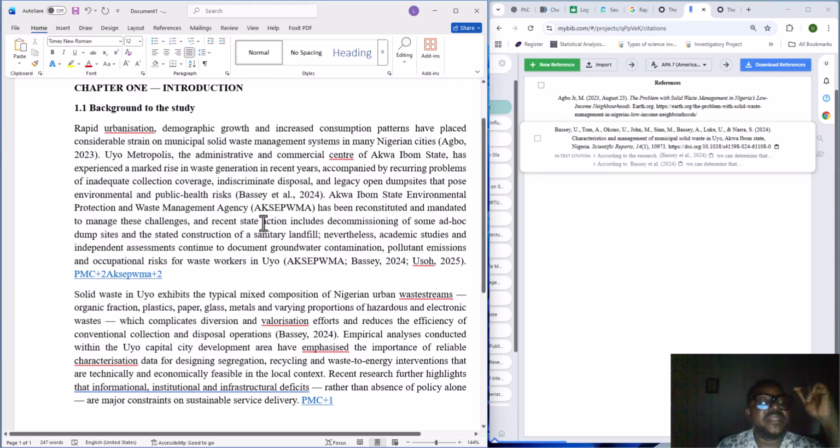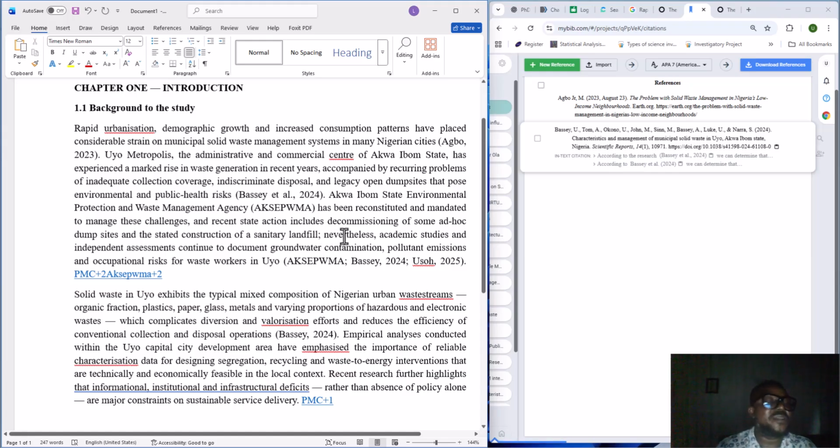And recent state action includes decommissioning of some ad hoc dump sites. So there were some dump sites that they had, and they want to remove it. And the stated construction of sanitary landfill.